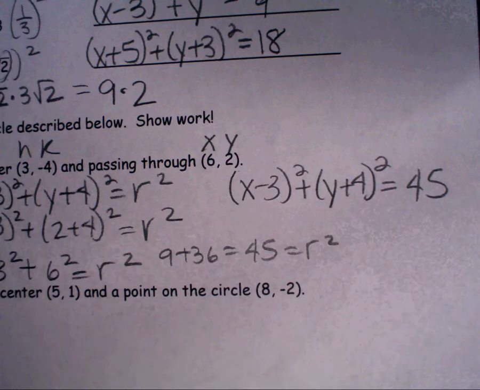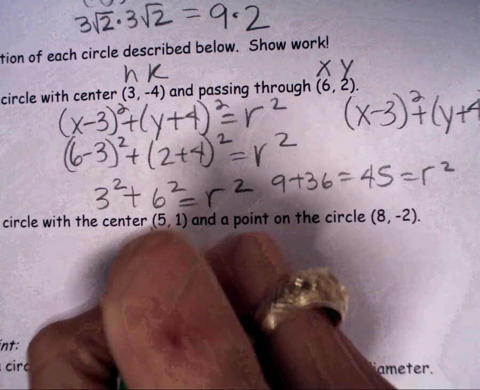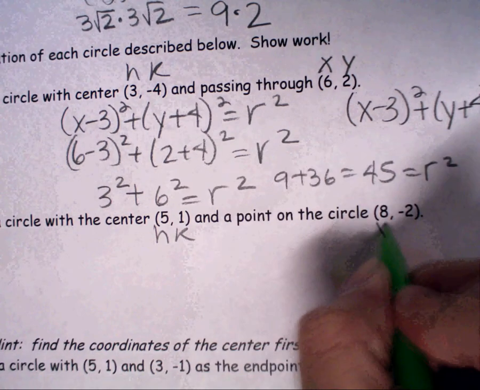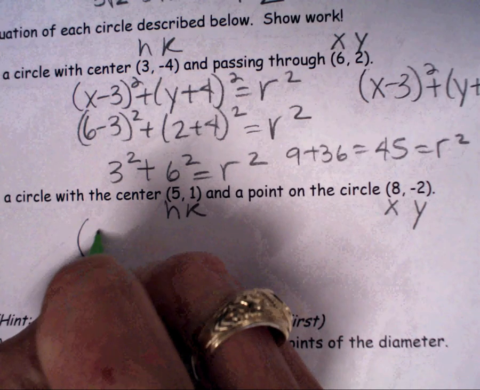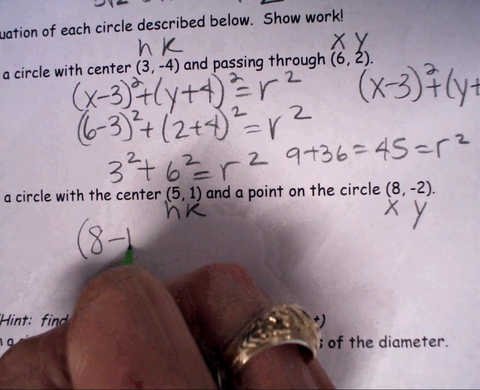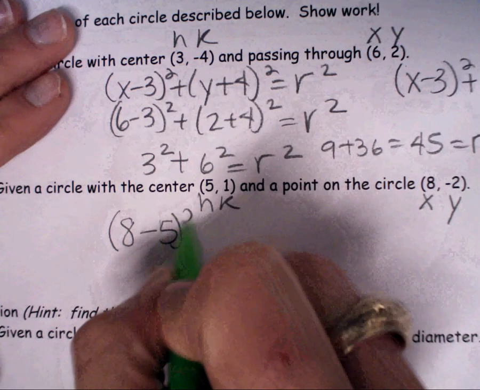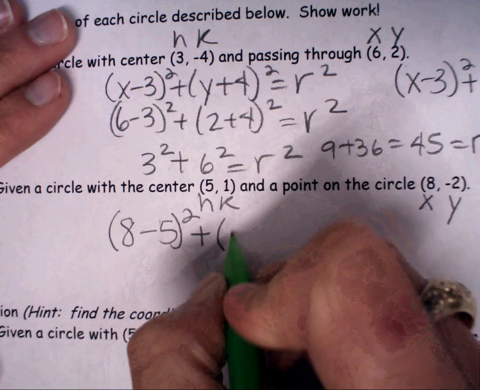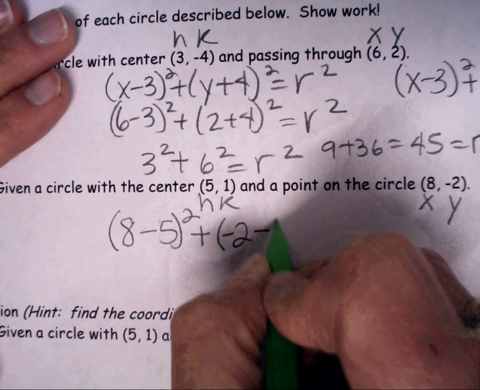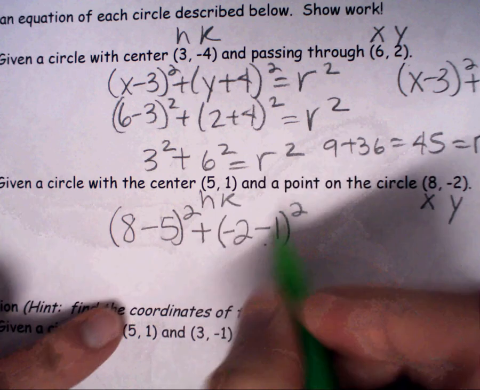Alright, so maybe you already started on the next one. Hopefully. Maybe not. So this is our center HK. This is another point on the circle, so that'll be my XY I use. So it'll be x minus, I almost wrote h, 5 squared plus y minus k squared. Notice both of them are minuses because both of them are positive hk.